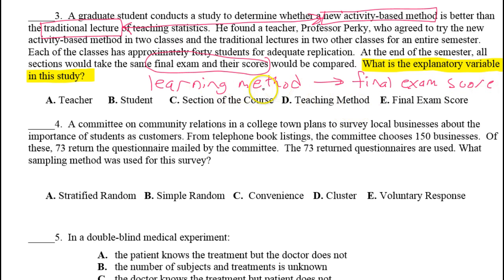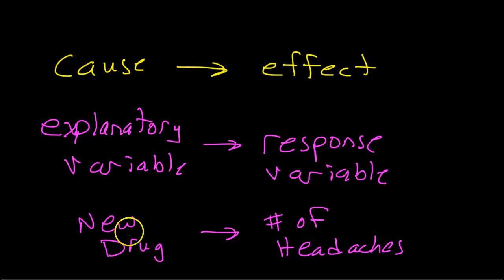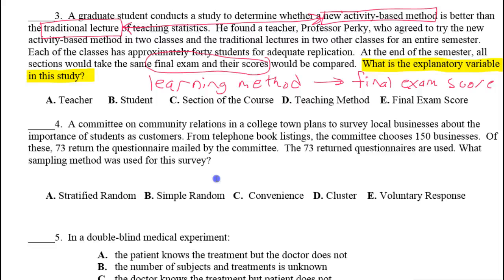Okay, so the learning method would be sort of like the cause, and the final exam score would be sort of like the effect, you know, the result. So they're asking us for the explanatory variable, so they're asking us for the cause, you know, this side of the equation. Okay, so that means the learning method is the explanatory variable. So for that reason, the answer should have been D. Okay, the final exam score would be the response variable, by the way.